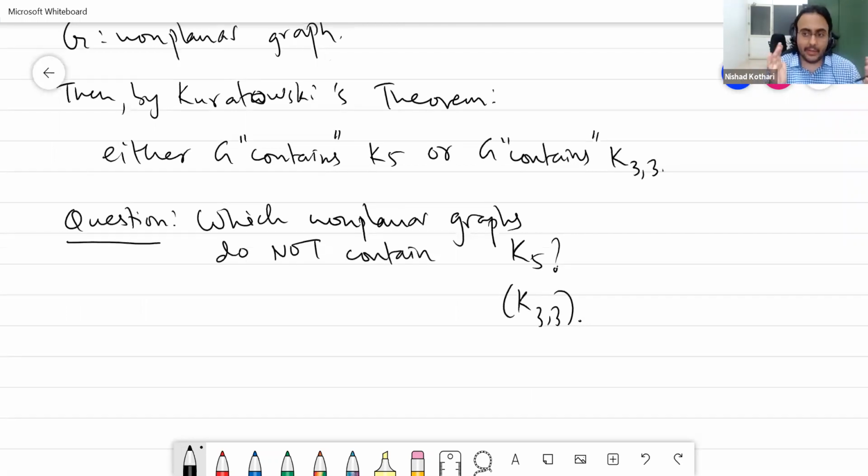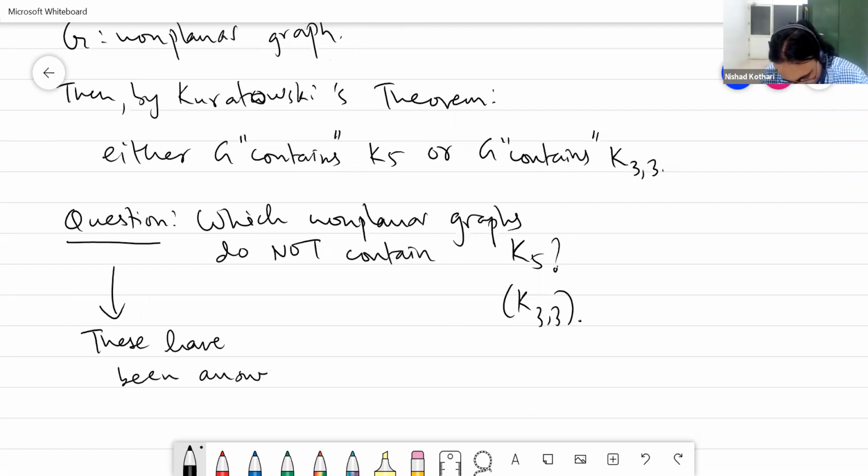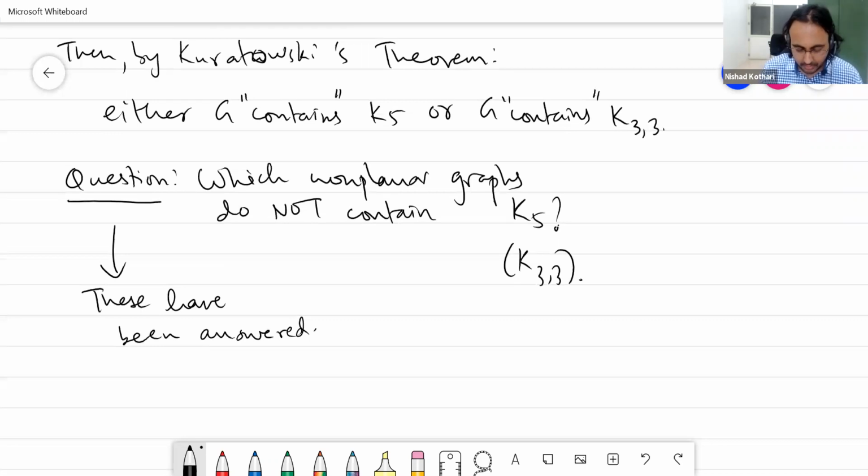So we know exactly which non-planar graphs do not contain K5 and which ones do not contain K33. And this talk is not about Kuratowski's theorem.